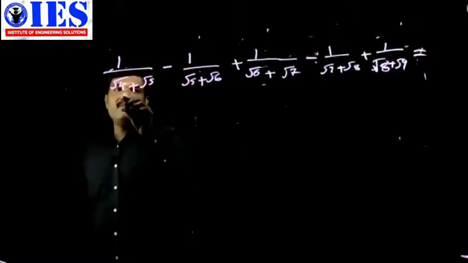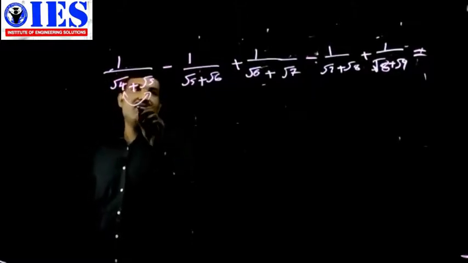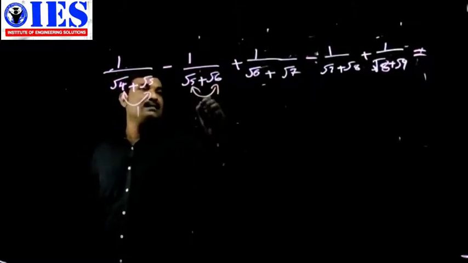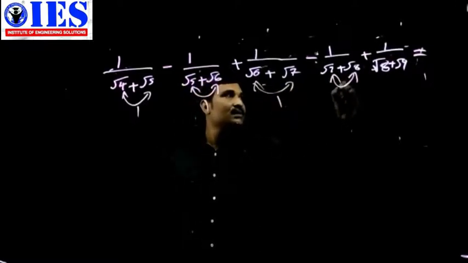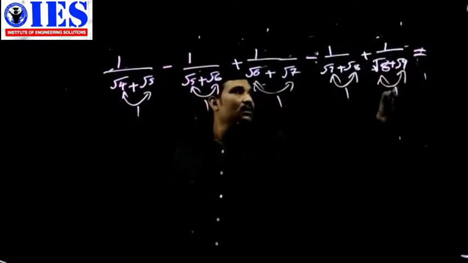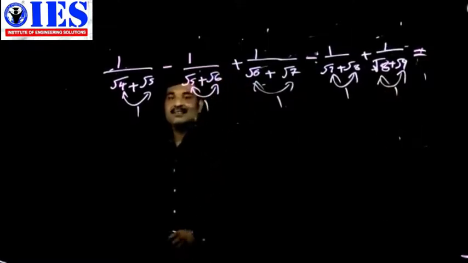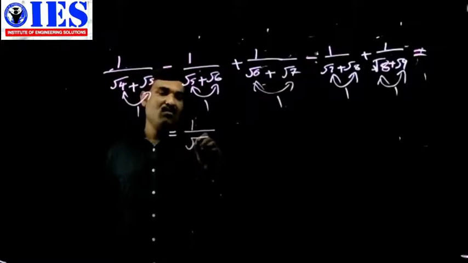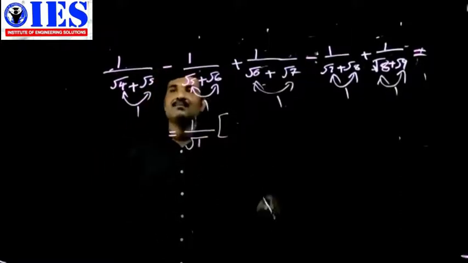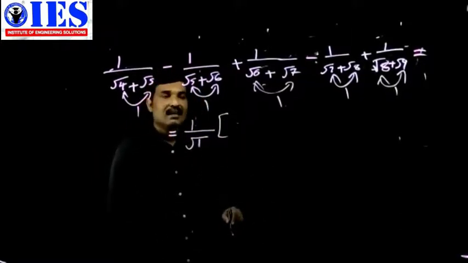So, what is the difference? Difference of 4 and 5 is 1. Difference of 5 and 6 is 1. 6 and 7, again the difference is 1. All right. So, the solution becomes 1 by square root of the difference, that becomes 1, multiplied by the largest term.